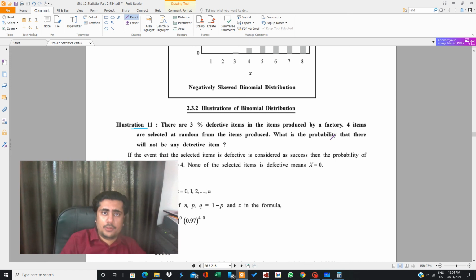As I told you, from any question, first of all you have to read the question carefully, and derive what is n, what is x, what is p, and what is q. You can see that 4 items are selected, so your n must be 4. Defective item is p for you, and this p is 3%.